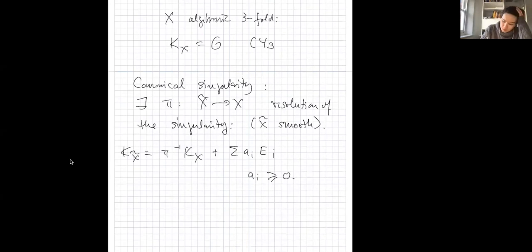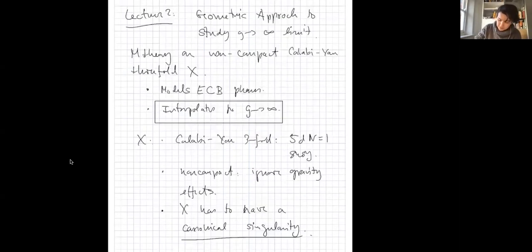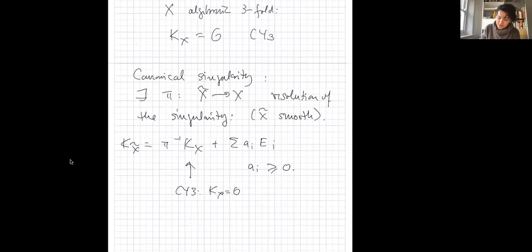Now, if we have a Calabi-Yau singularity to start with, K_X would be trivial. And then you wonder, okay, so what are these guys over here? These a_i, E_i. These E_i are exceptional divisors.